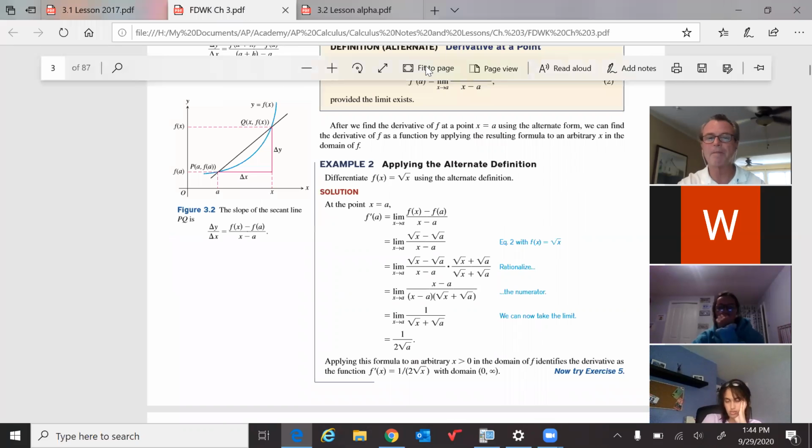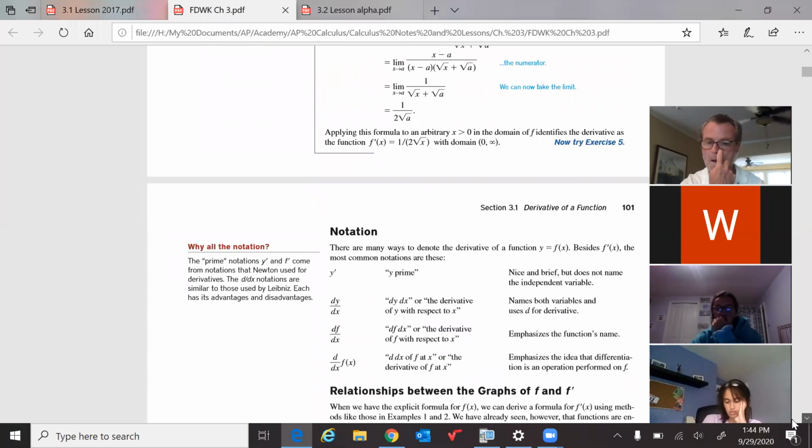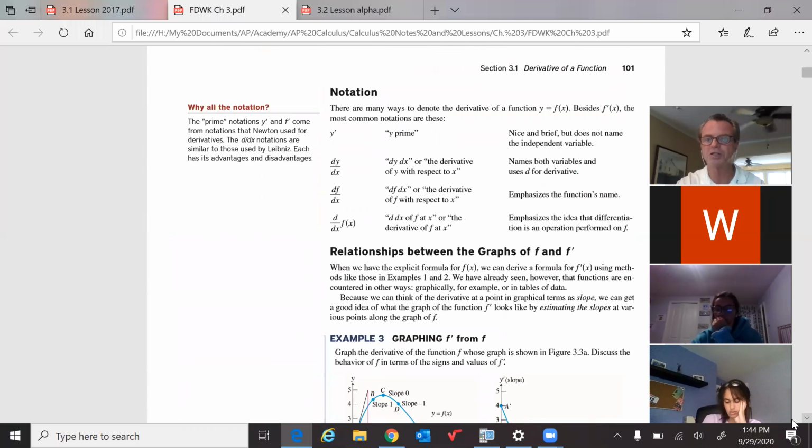Now, for example number 3, I'm just going to go with the textbook. Well, before we get to that, notation is important. These are all ways to write the derivative. Y prime, dy dx means the derivative of y with respect to x. This is just a different letter, f instead of y. This, what did you do? You took this y and wrote it out front. The derivative with respect to x of f of x.